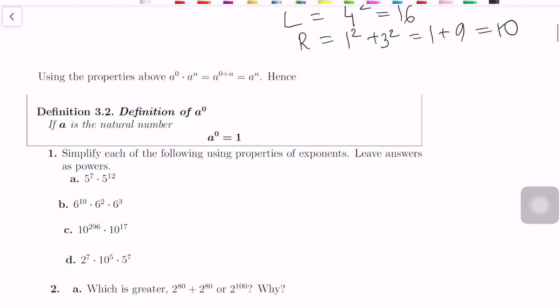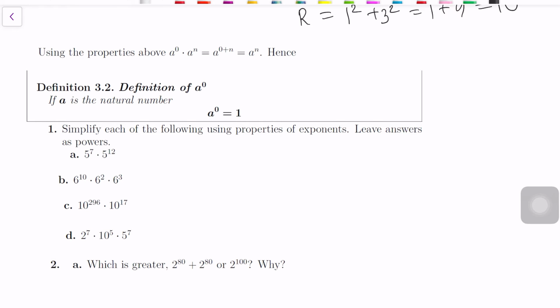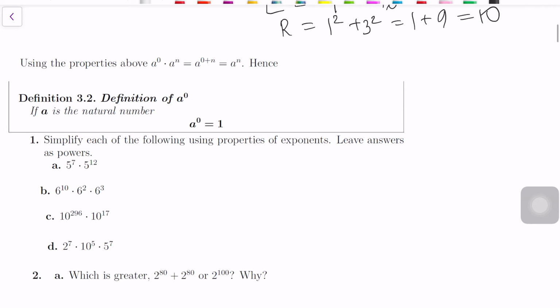Okay. And before we move to the examples, I want to point out that if those rules were to be true, then a to the power 0 times a to the power n would be a to the power 0 plus n, right? If you have base-like expressions, the same base but different powers, you keep the base and you add the powers. But that would be just a to the power n, which would mean that a to the power 0 must be 1.